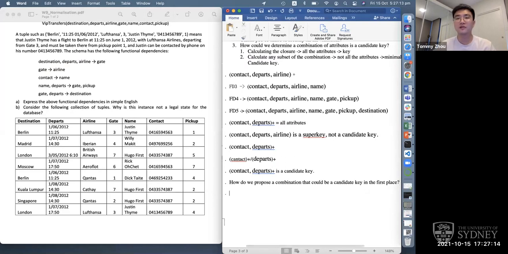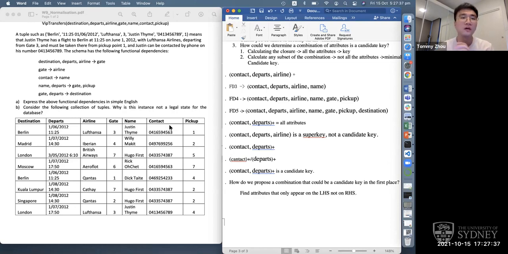So I guess the best way to solve this question is to find attributes that only appear on the left-hand side, not on the right-hand side. Why?